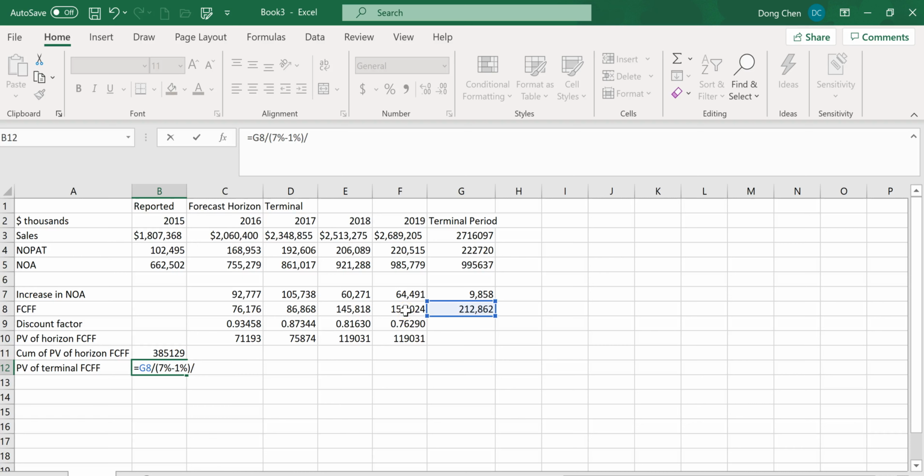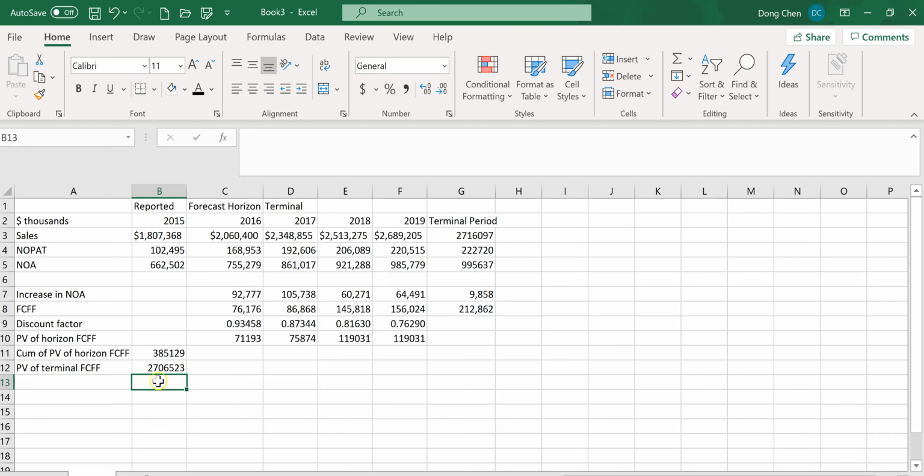So we still need to discount it by 4 years back to 2015, the true current. So that's going to be 1 plus the 7%, raised to the power of 4, right? So this is going to be our present value of that. Again, we need to use the round function to round to 0 decimal places.